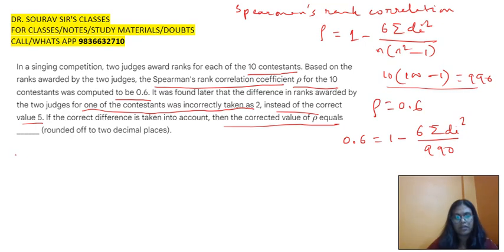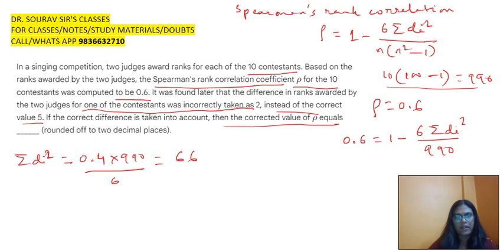So summation di square we can write as 1 minus 0.6, so this is 0.4, into 990 divided by 6. Solving, we get the value 66.